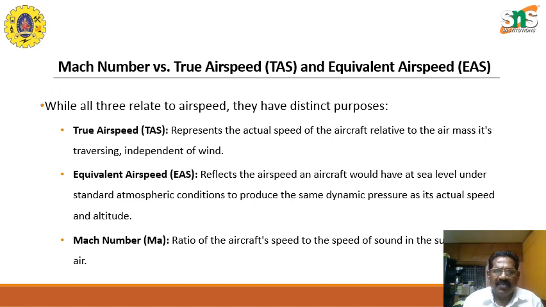Equivalent airspeed reflects the airspeed an aircraft would have at sea level under standard atmospheric conditions to produce the same dynamic pressure as at actual speed and altitude. The Mach number is a ratio of the aircraft's speed to the speed of sound in the surrounding air.